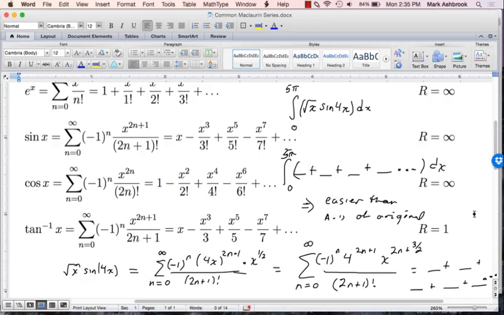You're saying instead of integrating the original square root of x sine of 4x, you integrate the argument of the sigma, the first few terms. Actually, either, right? We've done that before. You could write down the terms and integrate them one by one. You could also integrate this as a general formula, and it should match up. But if you chose to integrate the terms, how many would you need to write?